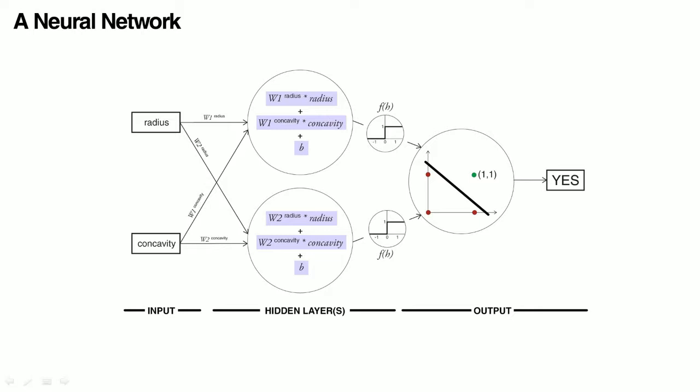And if we look under the hood, we'll find that each node is performing a simple linear operation, multiplying the input value with the corresponding weight and adding all these up to a bias. After that, an activation function is then applied to each node. In this case, the activation function is a step function, and this function decides if a node will fire or not.